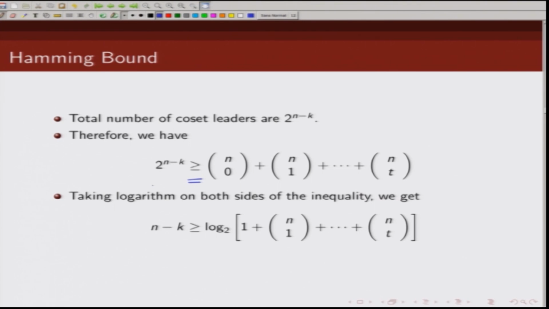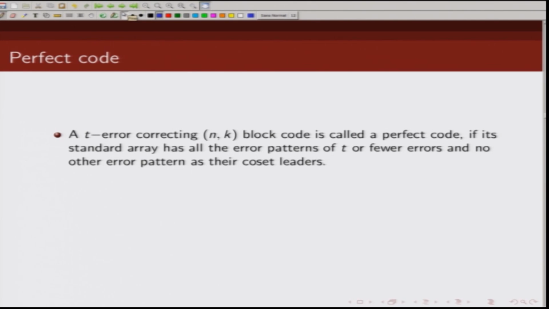So, when this equation is satisfied, then the inequality is satisfied with equality, and we have Hamming bound satisfied with equality. So, a T error correcting code is called a perfect code if it satisfies Hamming bound with equality.